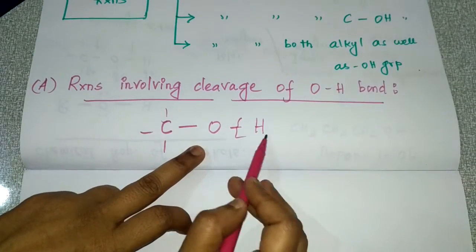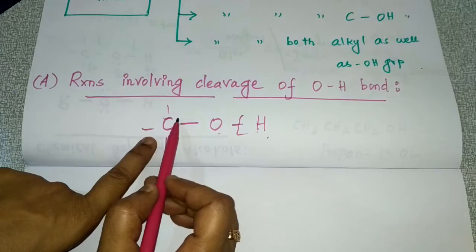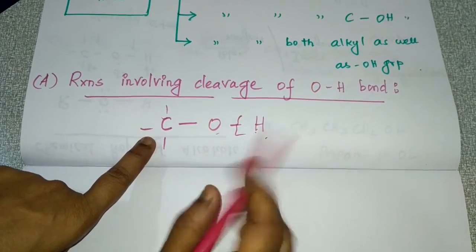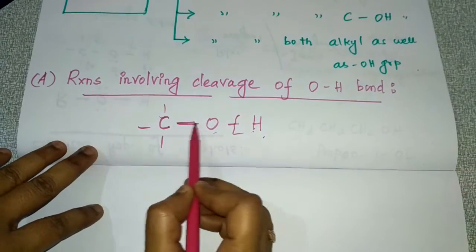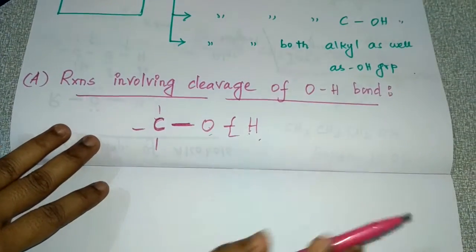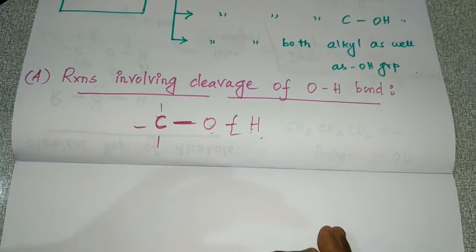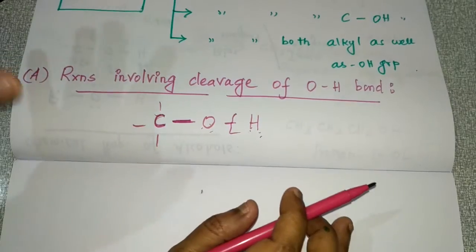The bond will get cleaved between oxygen and hydrogen, but the bond between C and O will remain the same. Nothing will happen to the bond between carbon and oxygen. The bond cleavage will happen between oxygen and hydrogen. So please be clear with that.